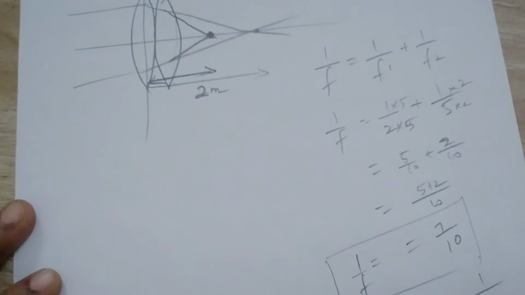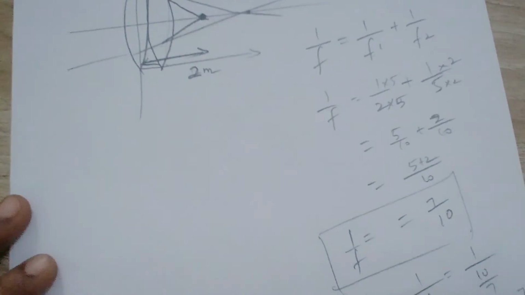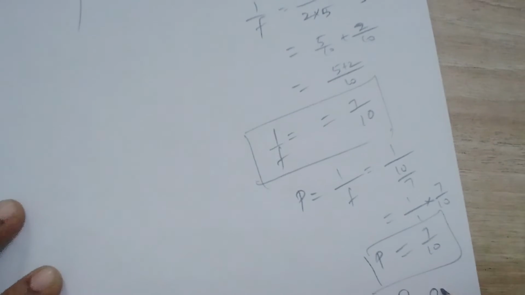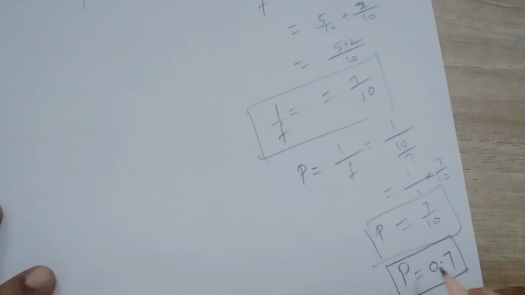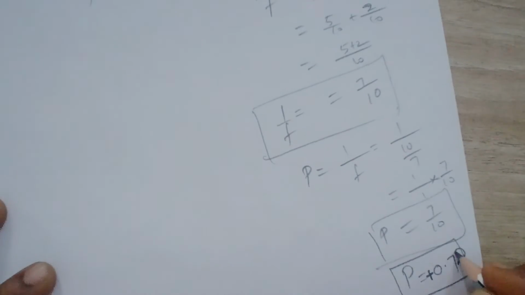So that is equals to 1 by 1 into 7 by 10, that is equals to 7 by 10. Okay, your power will be 7 by 10. That means P is equals to 0.7, right? Since it is convex lens, it is plus 0.7 D. Okay, your unit is D.